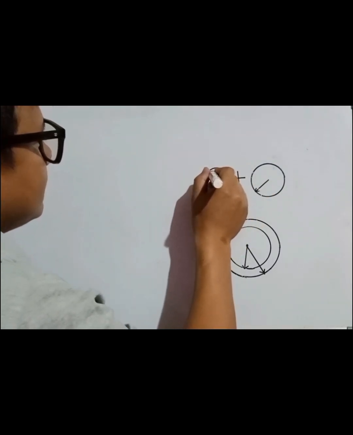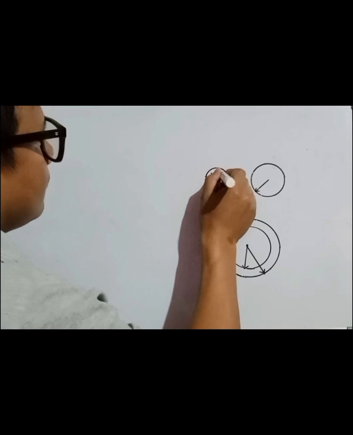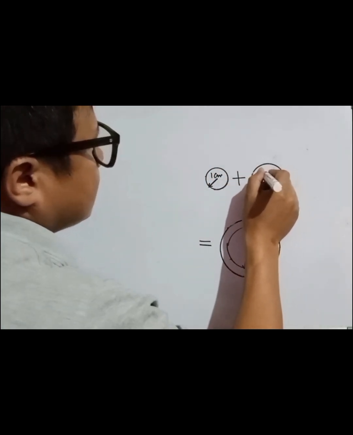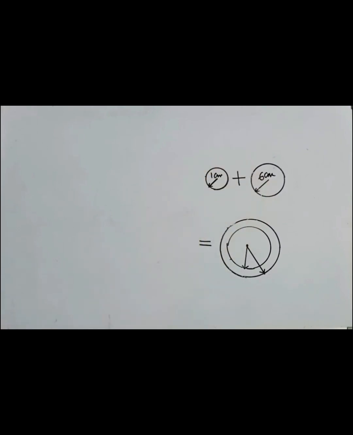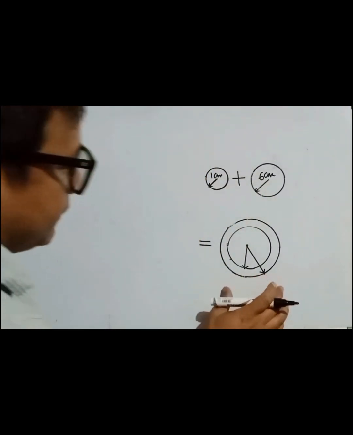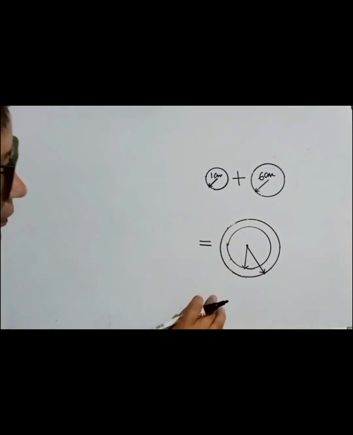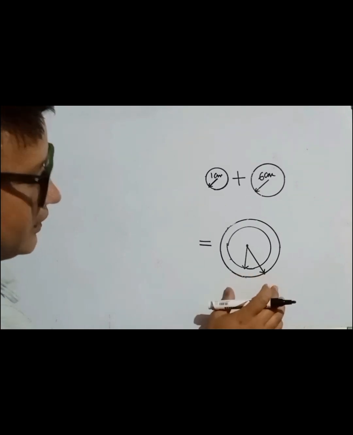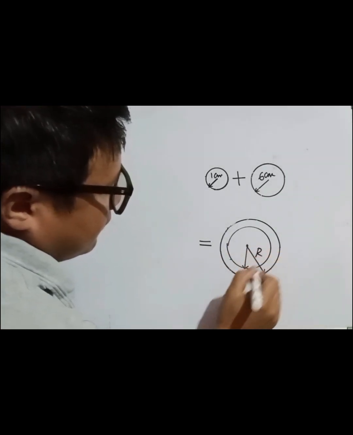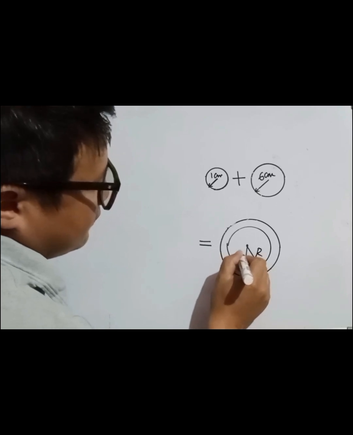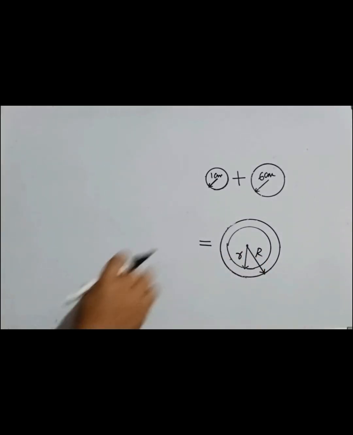The radius of this small sphere is 1 centimeter, and that of this larger sphere is 6 centimeter. And after melting these, we have made a hollow sphere. In a hollow sphere there are two radii, inner radius and outer radius. Suppose this is the outer radius, which is capital R, and this is the inner radius, which is small r.